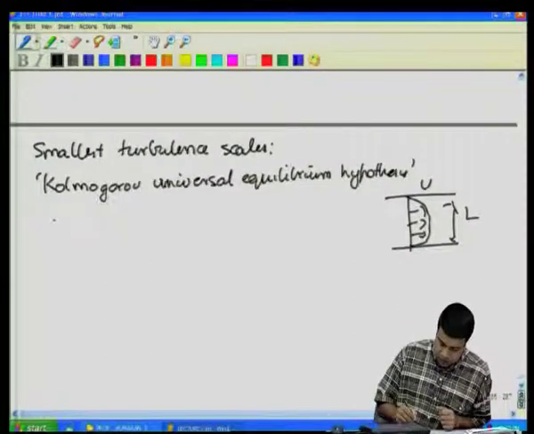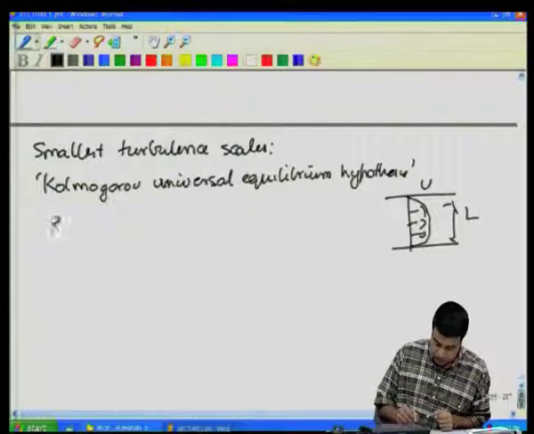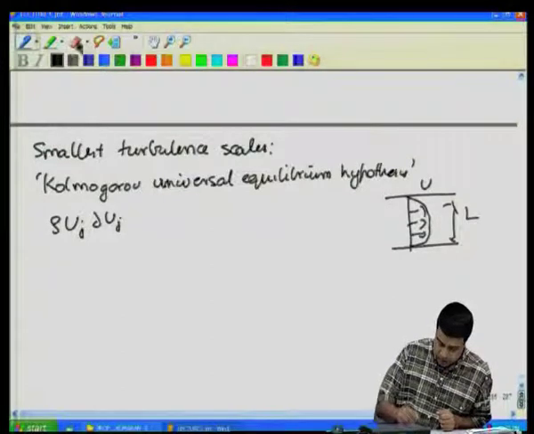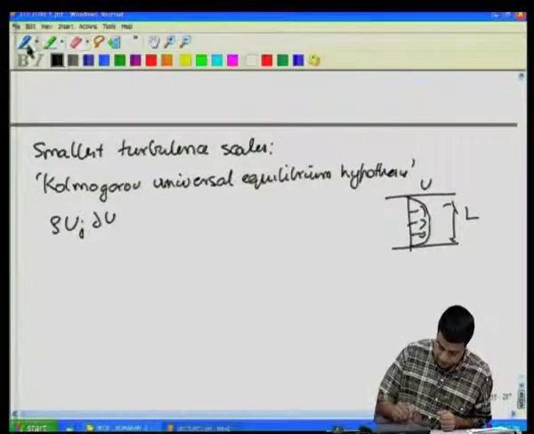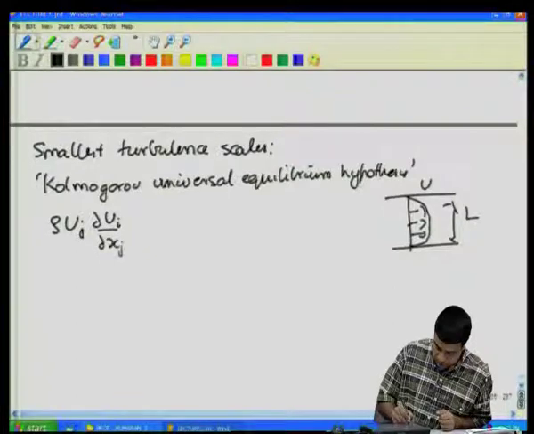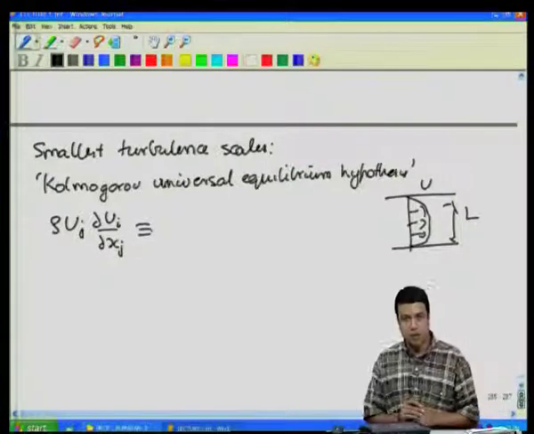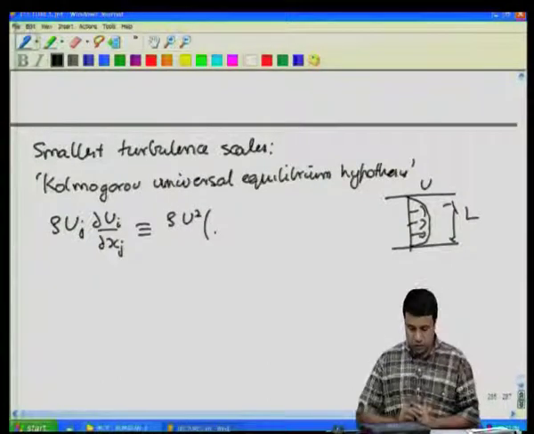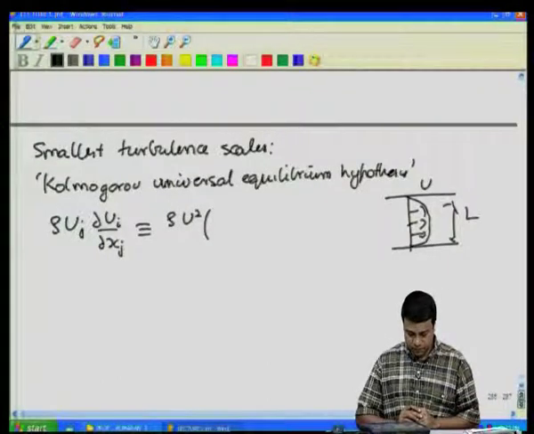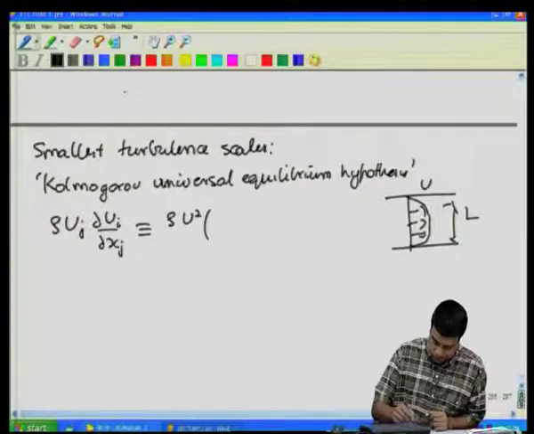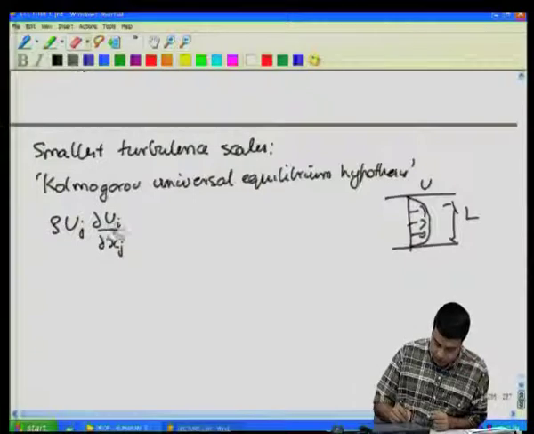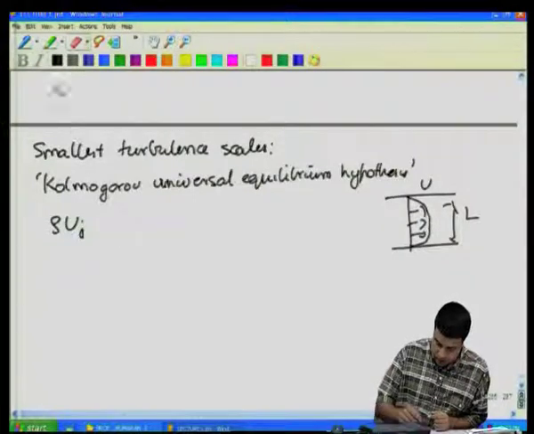As you know, on the left hand side in the equation for the mean kinetic energy, we had partial by partial x j of half u i square.